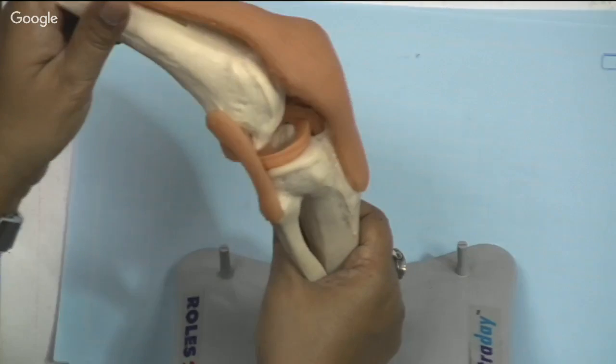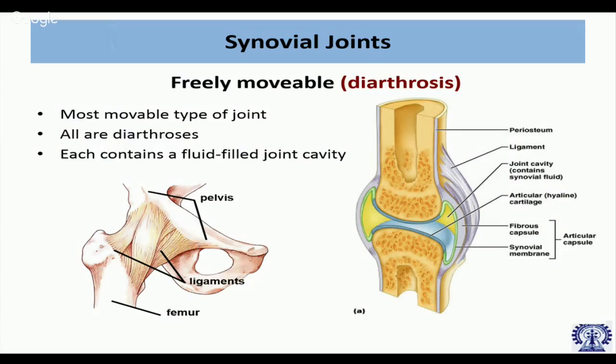So this is an example of a freely movable joint, and most types of joints are freely movable, and each contains a fluid-filled joint cavity. If you look here in the hip joint, you have the ligaments holding this joint, the femur and the pelvis.